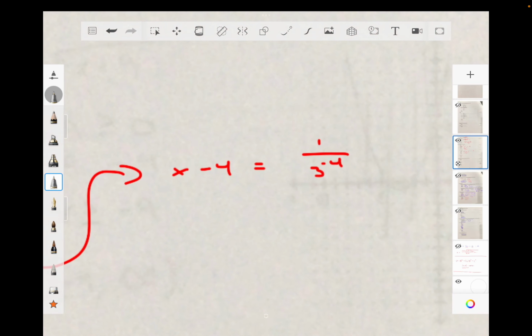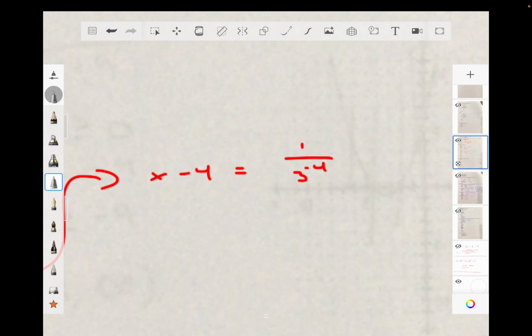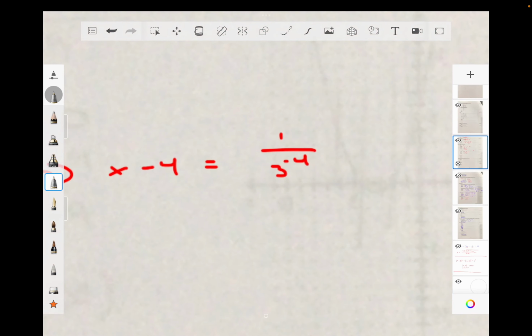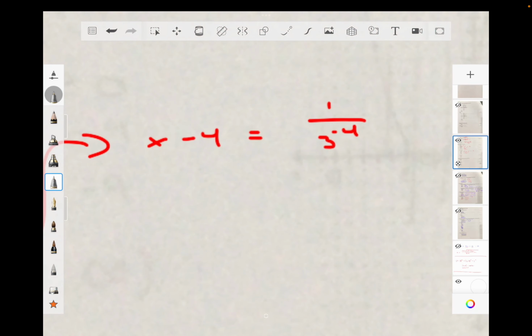And then a negative exponent is going to be the reciprocal. The reciprocal of 1/3 is equal to 3. So you can write this as x minus 4 equals 3 to the fourth.